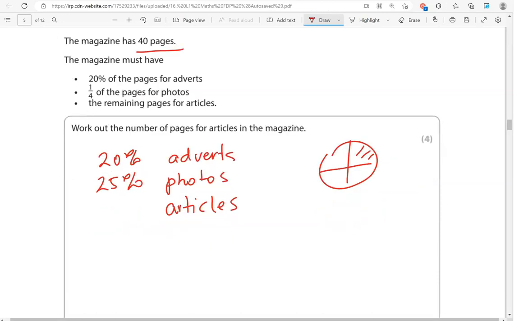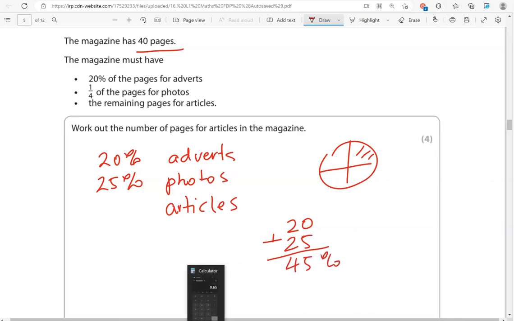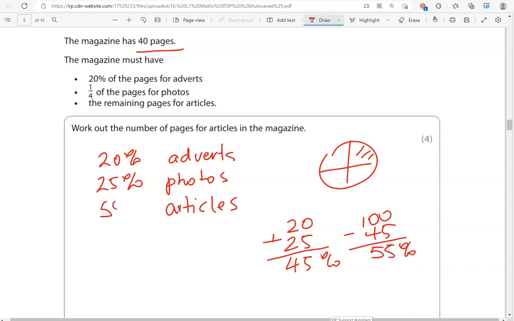What percentage is that? So we've got 20 and 25. That gives us 45% for adverts and photos. If we take away 45 from 100, it gives us 55%. So 55% of the pages will be for articles.